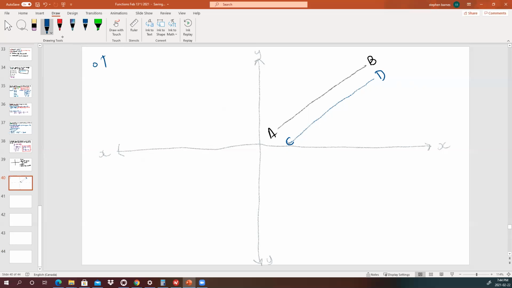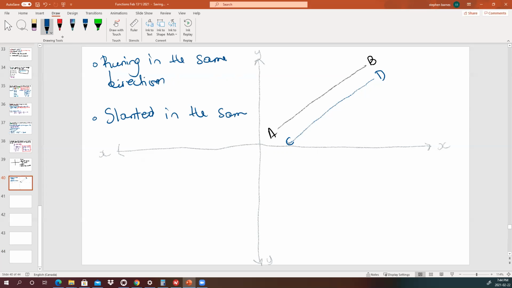Or probably more accurately, they are slanted in the same direction, and they're slanted to the same degree. And by the same degree, I mean they have the same amount of slant, right?